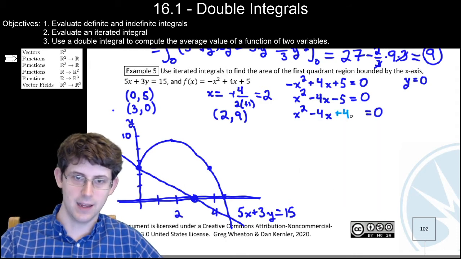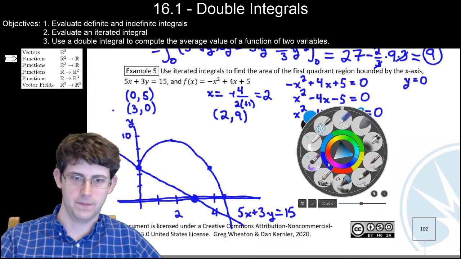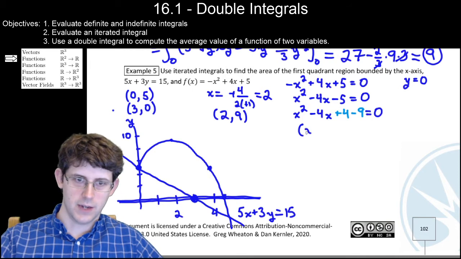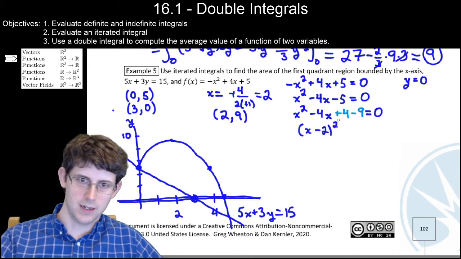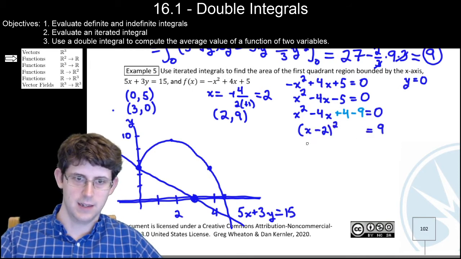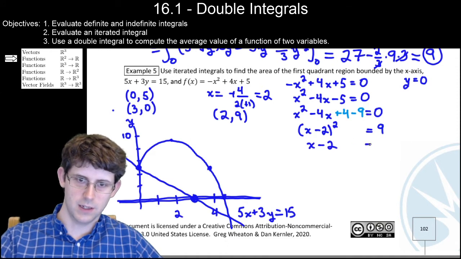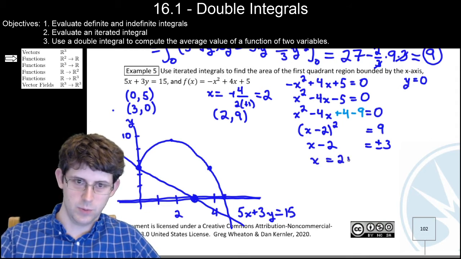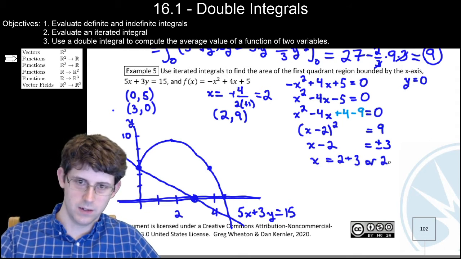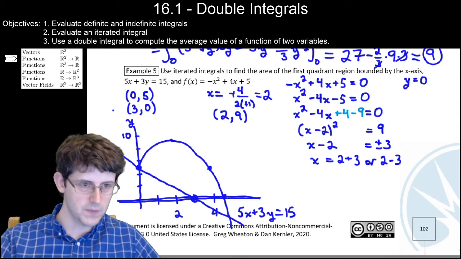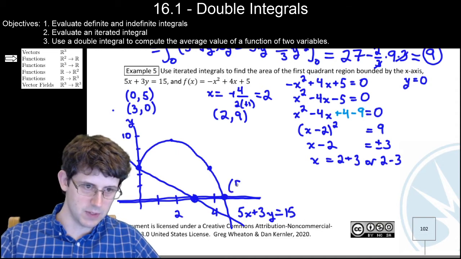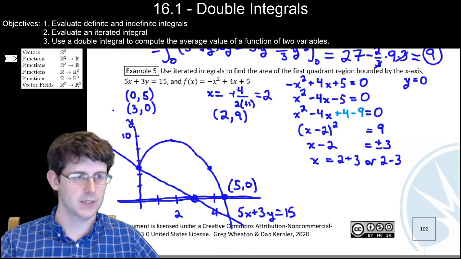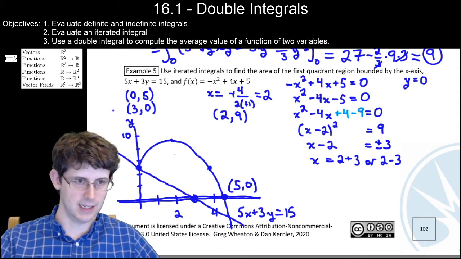That's off by 9. So I have x minus 2 squared equals 9, so x minus 2 is plus or minus 3. So x is 2 plus 3 or 2 minus 3. Here's x equals 2 plus 3, that must be at 5, 0. So the region we're looking at is this one, in here.